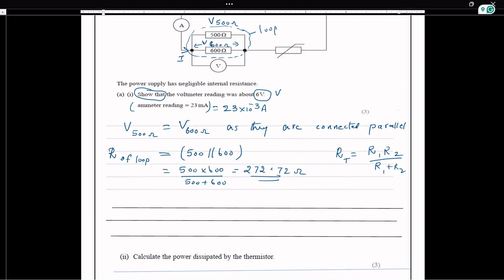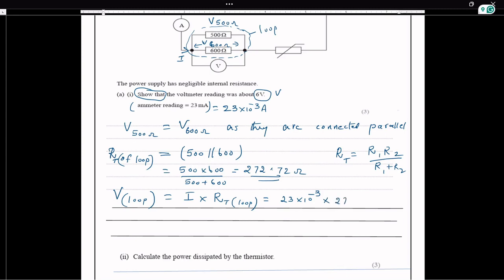Now with the total resistance of the loop, I know the current and I know the total resistance. R total of loop. So therefore, what is the voltage across the loop? The voltage of the loop is current times the total resistance of the loop. The current is 23 times 10 to the power of minus 3 times the resistance of the loop.